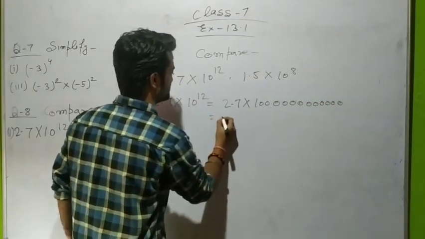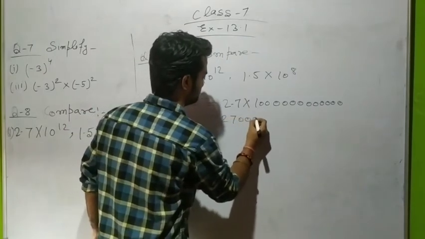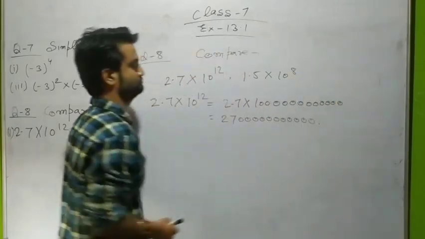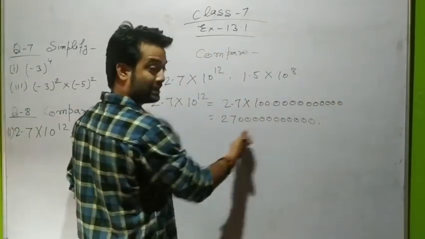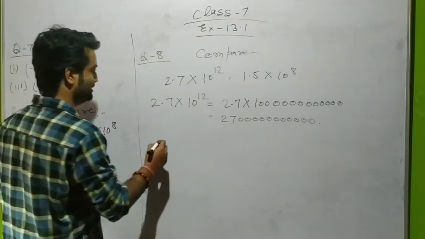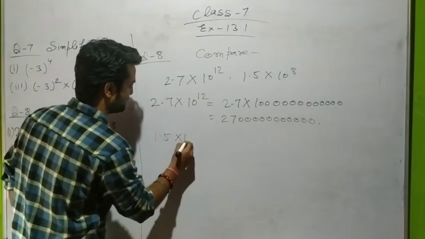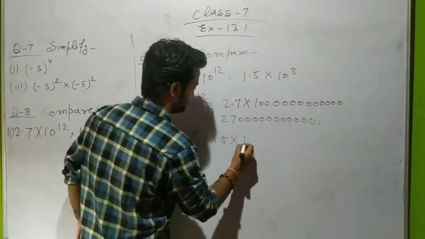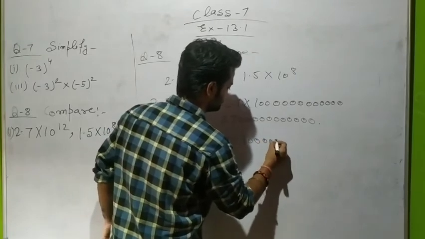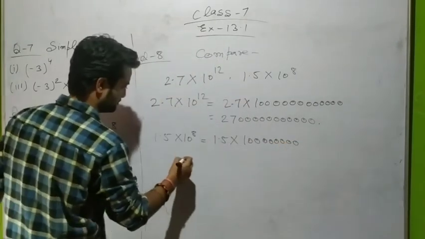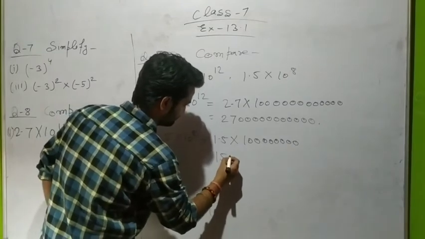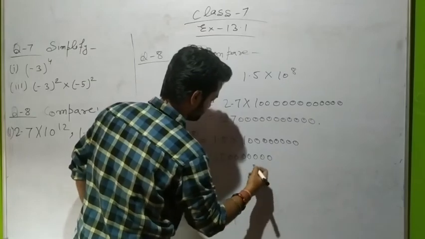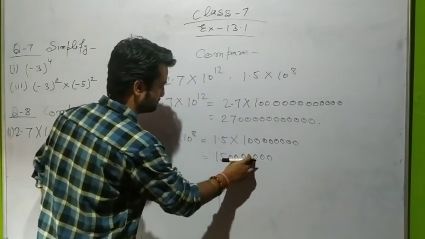Now you can count it. Now let's move to the next one. 1.5 into 10 raised to the power 8 equals 1.5 followed by 8 zeros.